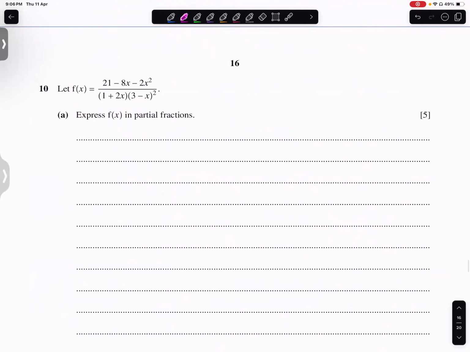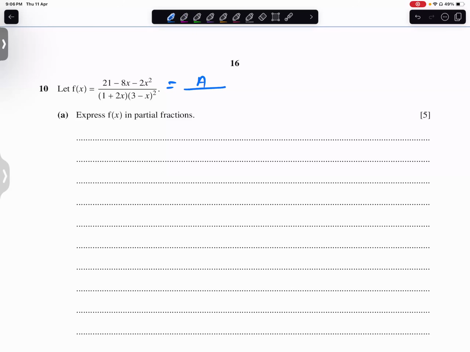Let's move to partial fraction. Look at this. This is a proper fraction.